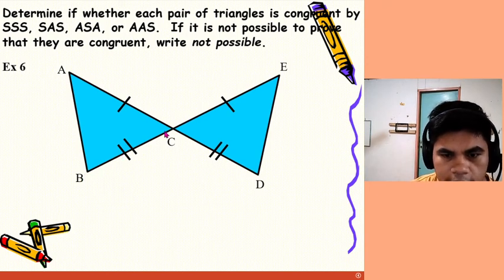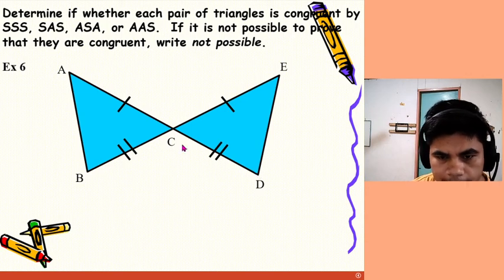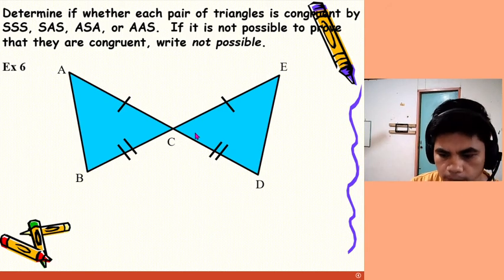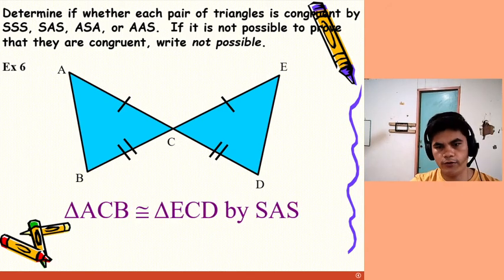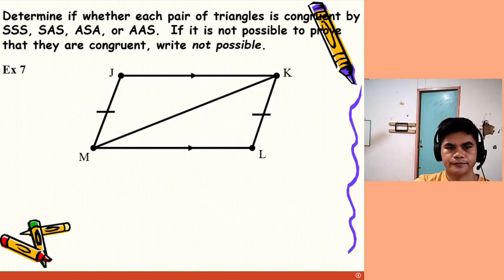Side BC is congruent with side CD, the reason is given. Angle ACB and angle ECD are congruent, the reason is vertical angles. So by the SAS postulate, we can say triangle ACB is congruent with triangle ECD.